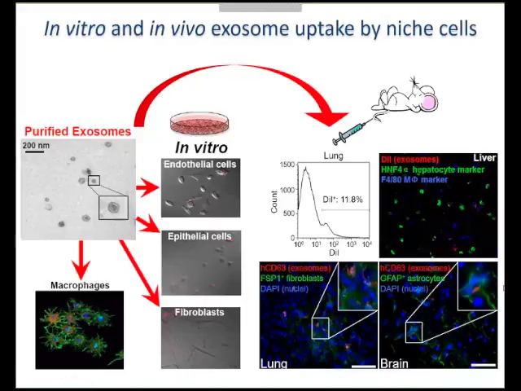So these results confirm that we could use this in vitro and in vivo model to study the endogenous cancer-secreted microRNAs for their potential role in regulating non-cancer cells and thereby promoting cancer growth and metastasis.